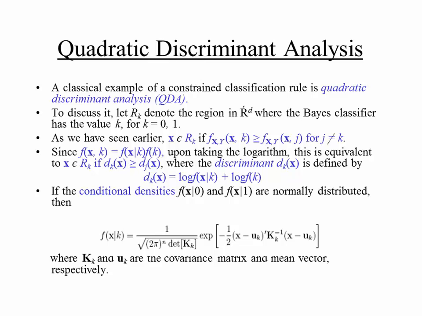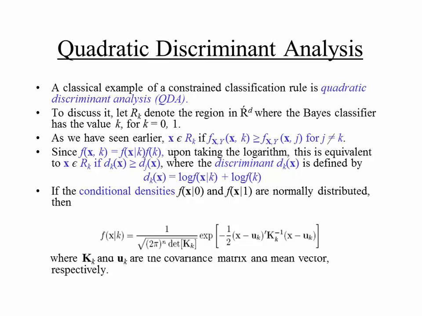Since the joint density of x and k can be written as f of x conditioned on the class k times the prior probability of k, once you take the log, you need to compare these two quantities. This is equivalent to x belonging to Rk if dk of x is greater than or equal to dj of x, where the d is for discriminant.